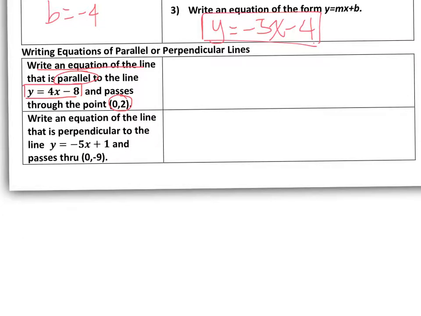Recall from 8.5 that in order for two lines to be parallel, their slopes have to be the same. So I know that the line that I am looking for here has a slope of 4 according to the given equation or given line. And I need to find out what my y-intercept is. So I can use the slope-intercept form.